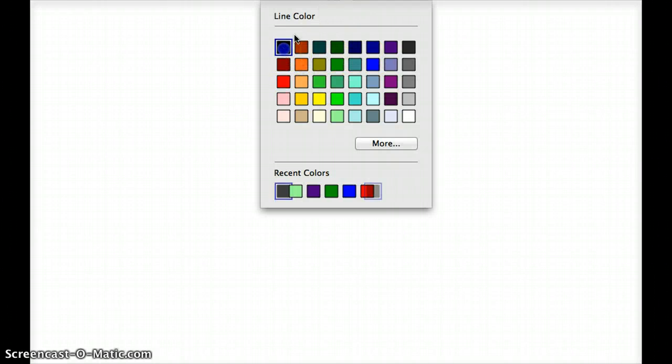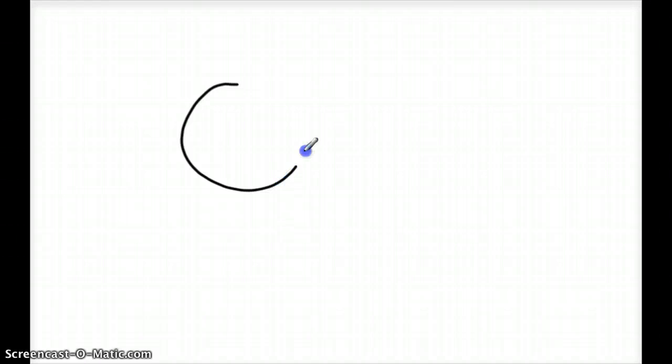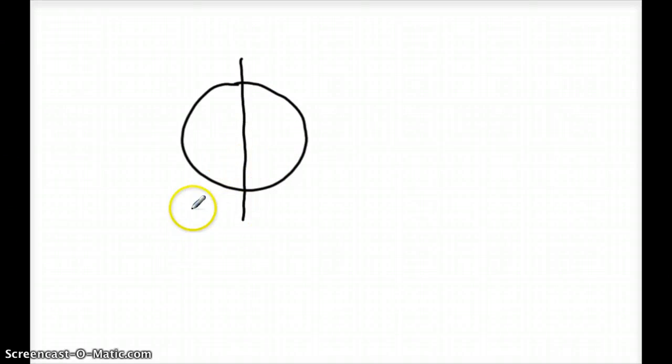Alright, next we're going to look at some circles. If I have one whole circle and I split it right down the center, what am I making? Well, I'm making halves. So I have 1/2 and 1/2, which equals 1 whole.